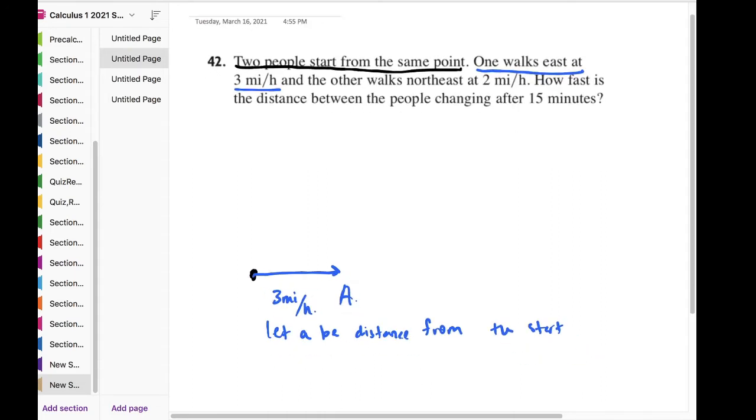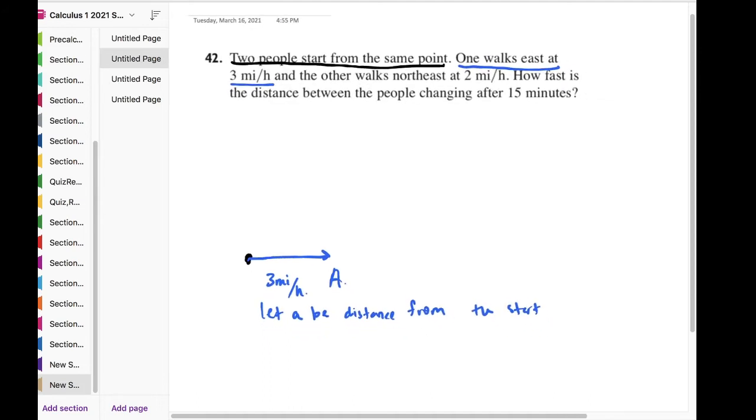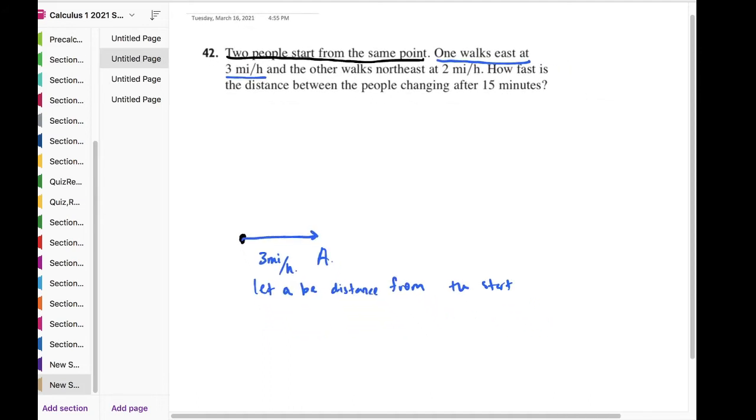If A is the distance from the start, what derivative do we know? This one, right? dA dt is 3.